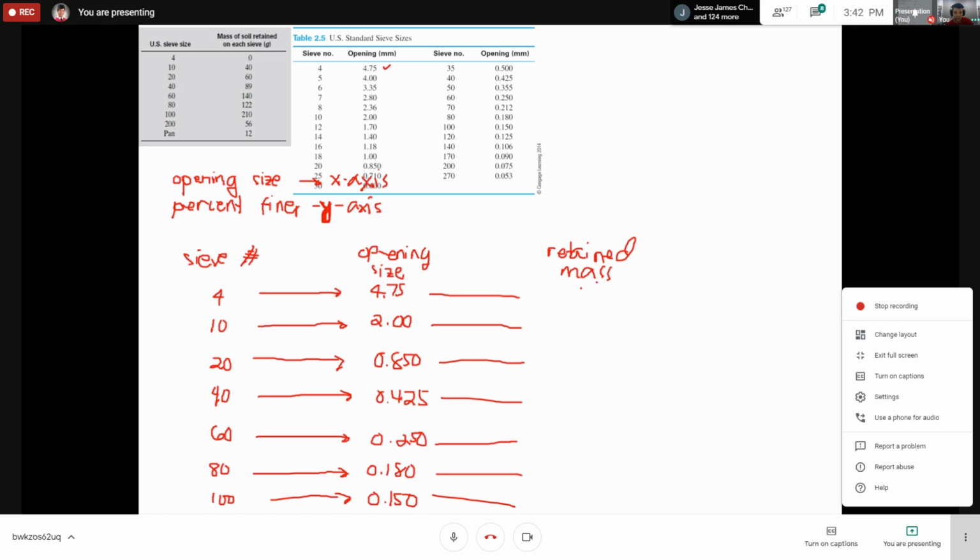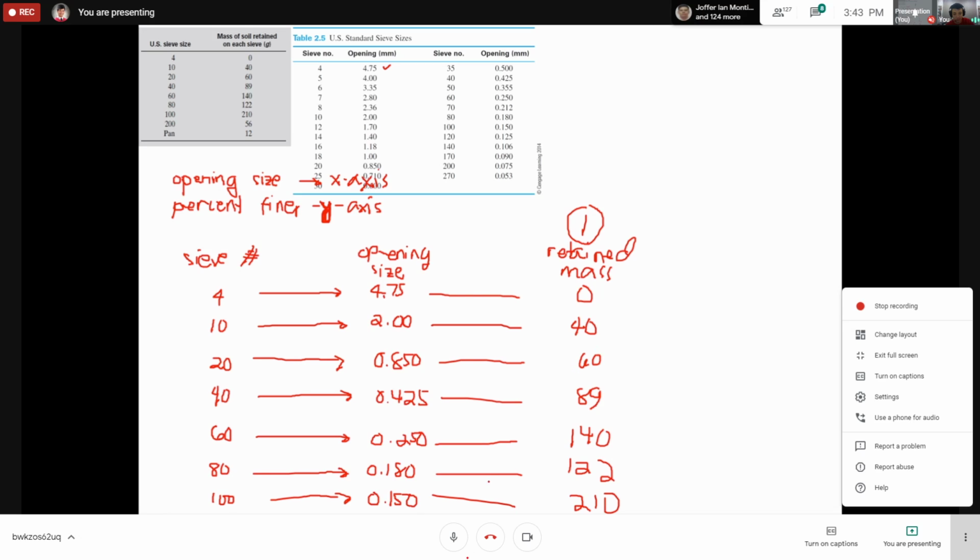You have 0 for the first sieve, then 40, 60, 89, 140, 122, 210, 56, and lastly 12 in the pan. That is the first step.